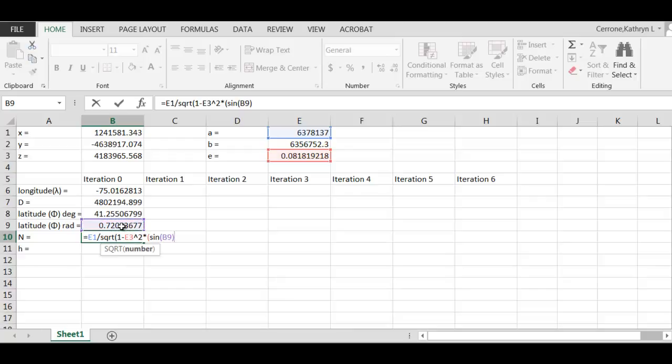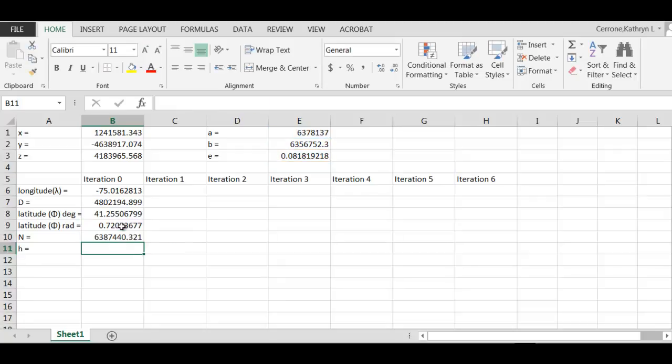Again, you can notice how it highlights which parentheses it's closing. It's closing the orange ones now, and then we are going to square sine, and then we're going to close the parentheses on that square root. And we get about 6,387,440.